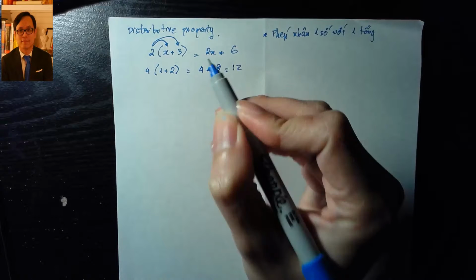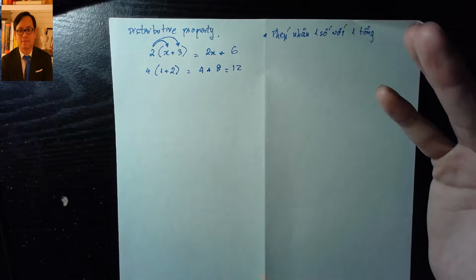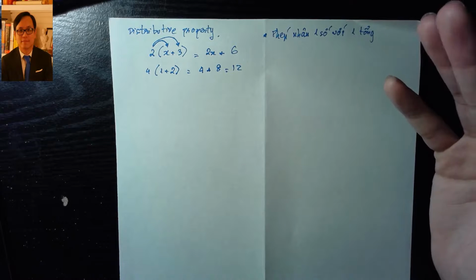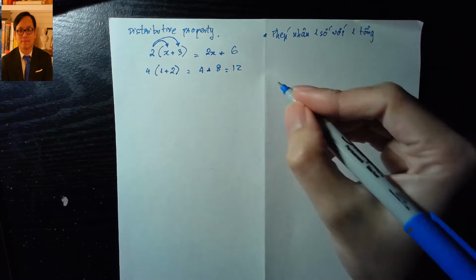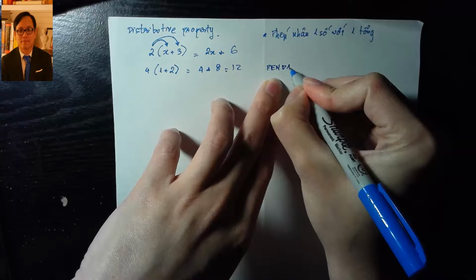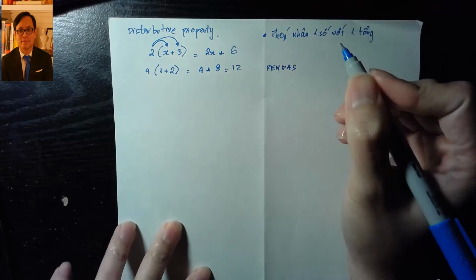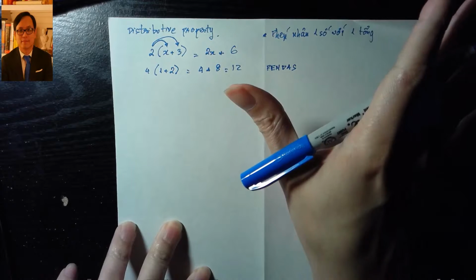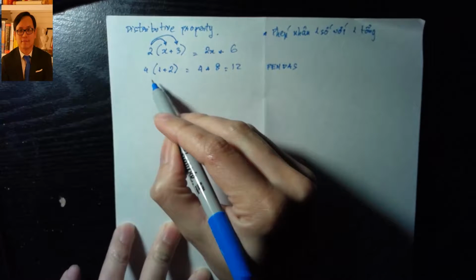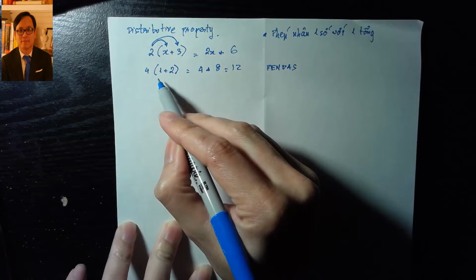Or we can use the PEMDAS rule. Cái PEMDAS rule là tôi đã giới thiệu cho các bạn when we did the video on 6th grade and 7th grade math. So we can calculate inside the parentheses, which gives you 3, and you multiply by 4 gives you 12.